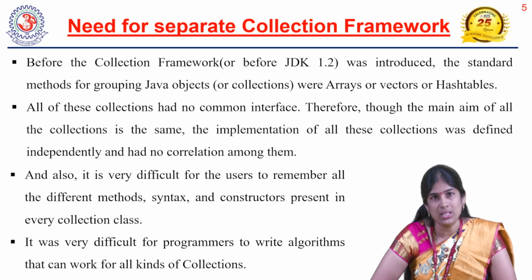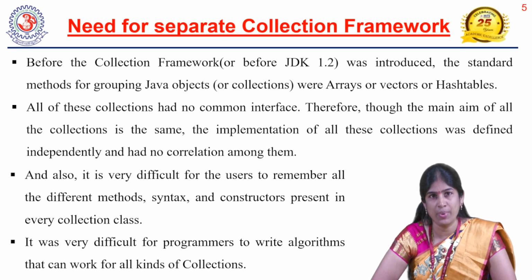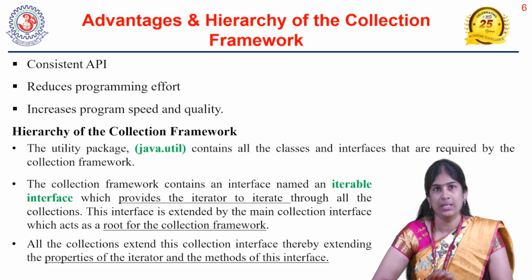It is also very difficult for users to remember all the methods, syntaxes, and constructors present in each and every class, and it is difficult for the programmer to write algorithms using all these kinds of classes. So they have gone for the collection framework, implemented in JDK 1.2.